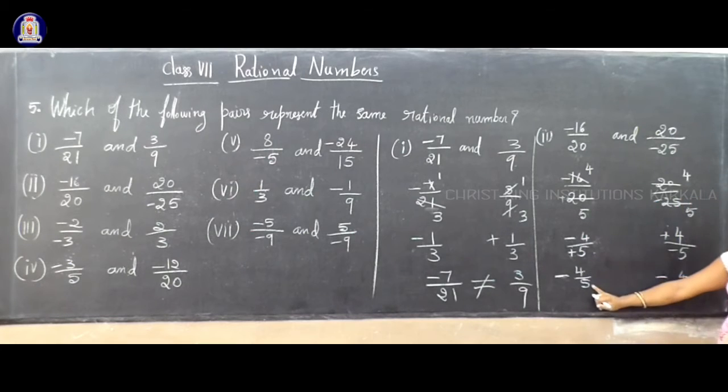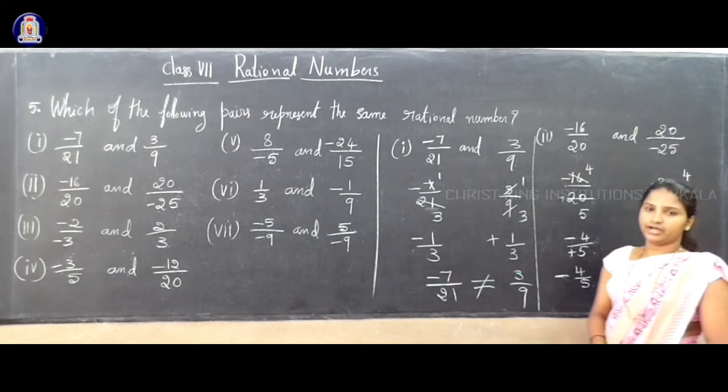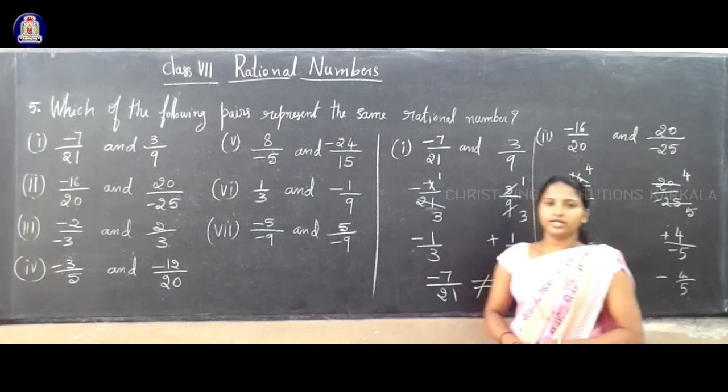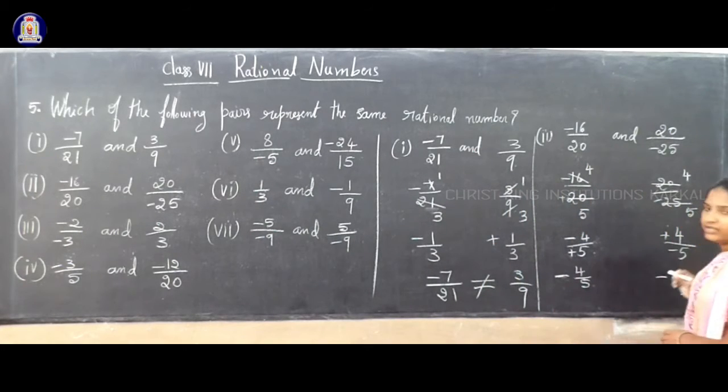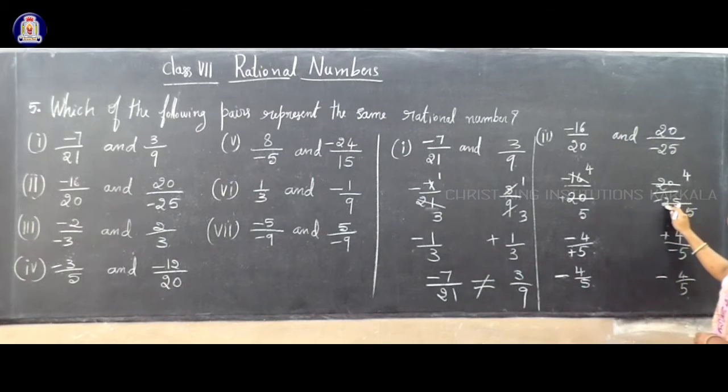So 4 by 5. See the next rational number, that is 20 by minus 25, plus 20 by minus 25. In this 20 by 25, see the sign. The sign of 20 is plus and the denominator sign is minus. So plus minus is minus. Okay, minus 4 by 5.